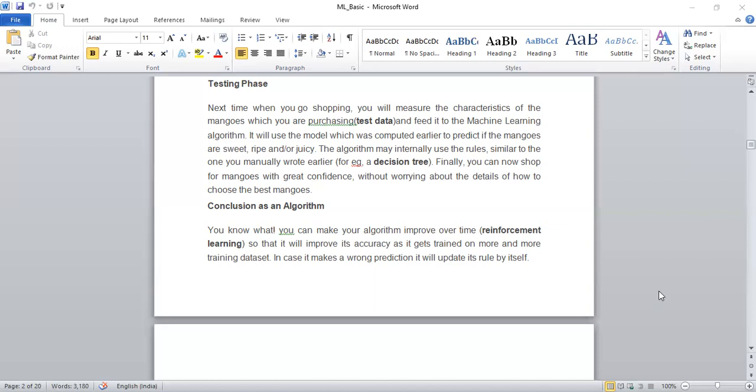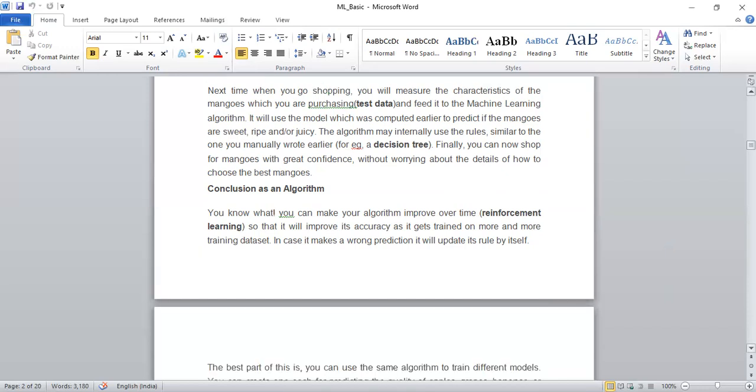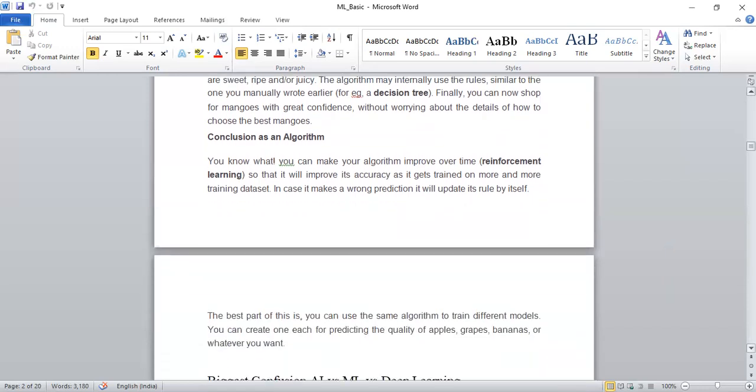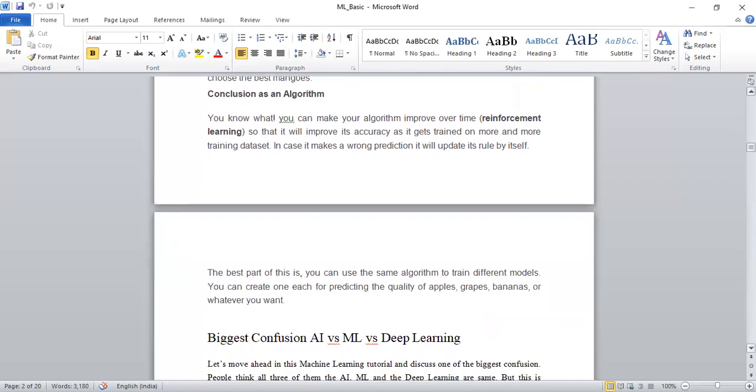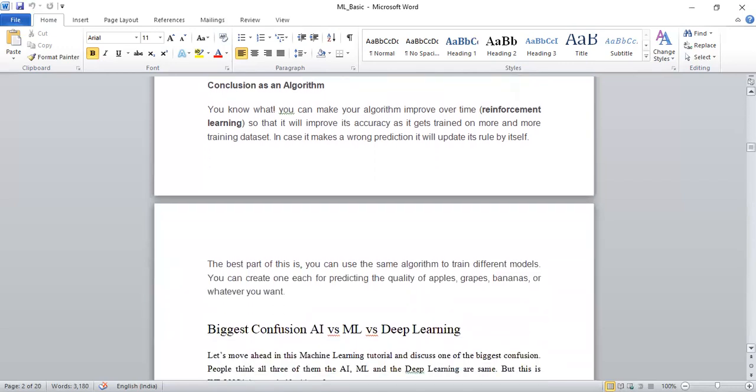Okay, understood. Training phase and testing phase is clear. For the improvement of your model, you need to feed the machine with this test data. Now the conclusion as an algorithm is that you can make your algorithm improve over time.